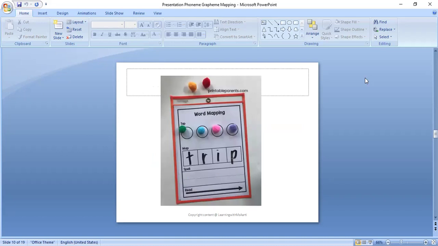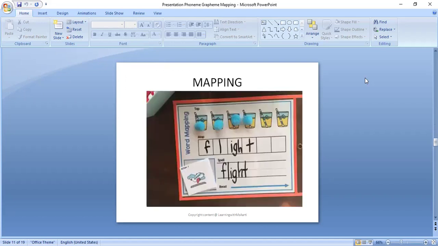Again, word mapping, so easy. TRIP is the map. Now, how it goes, how you will spell. So this is how we do mapping also. Very interesting example: FLIGH in one box and then T. Then this is actually the map.